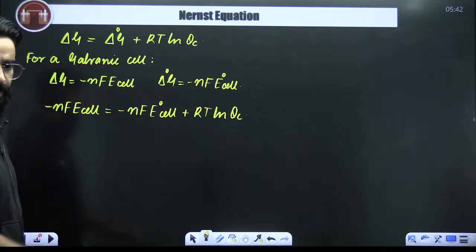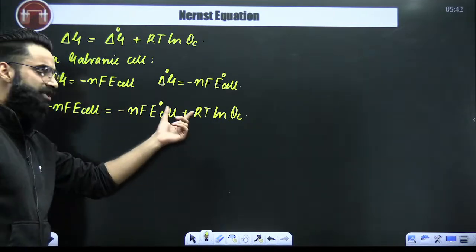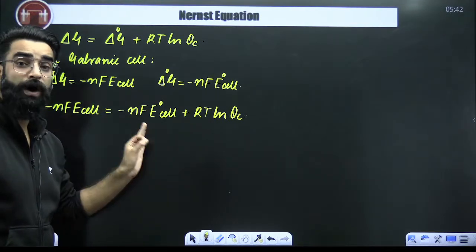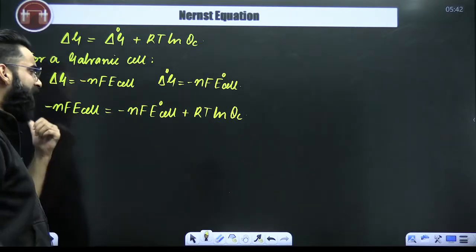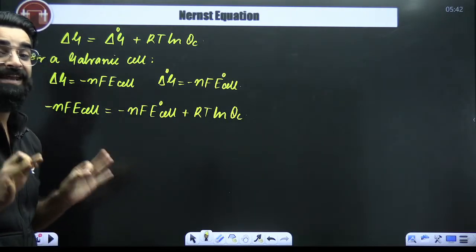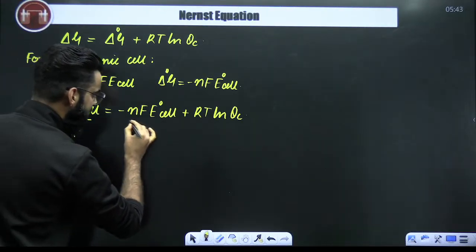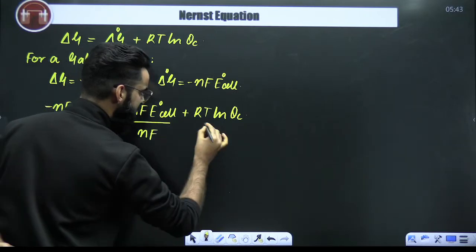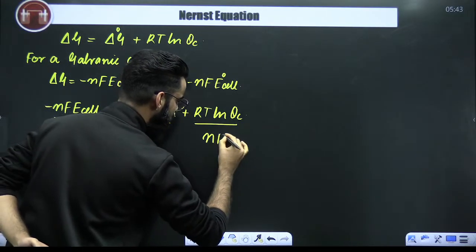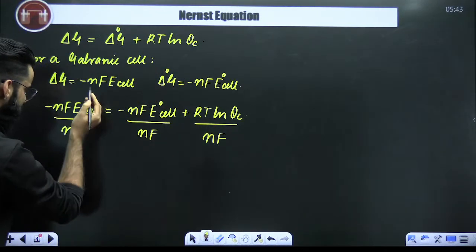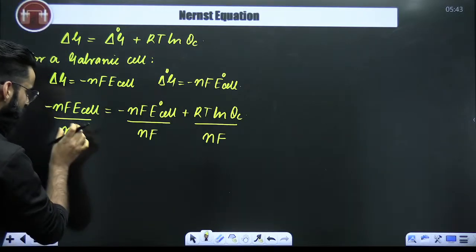Now, if I divide this equation throughout by nF, the nF cancels.